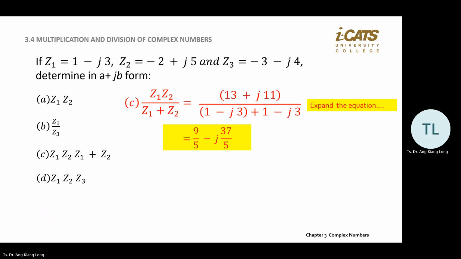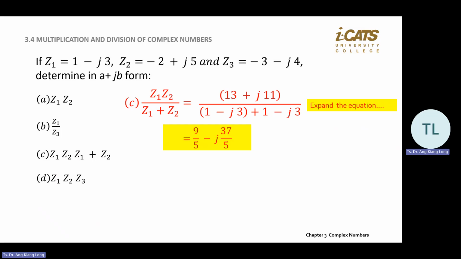Correct. You agree or not? This one or it's wrong? Okay, the bottom one is how many? Bottom one is 1 plus 4, right? It's 5. So this is correct.